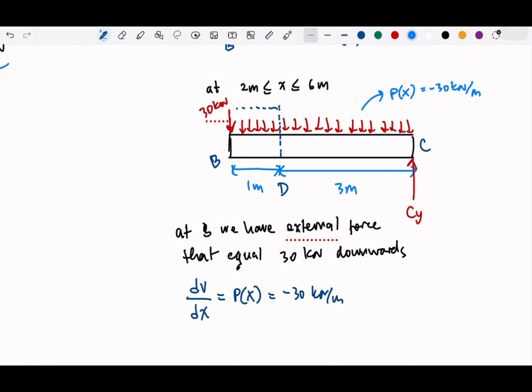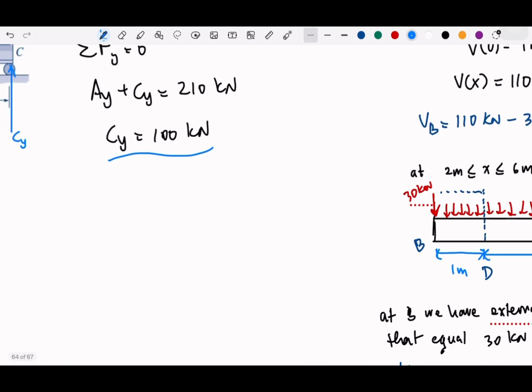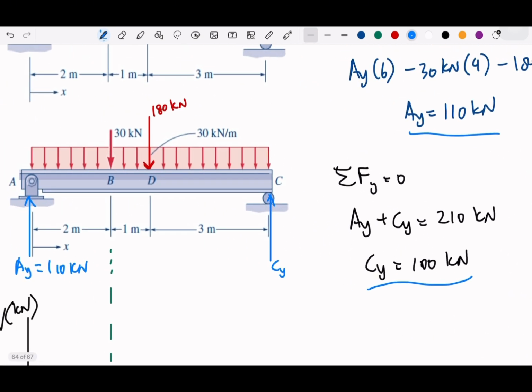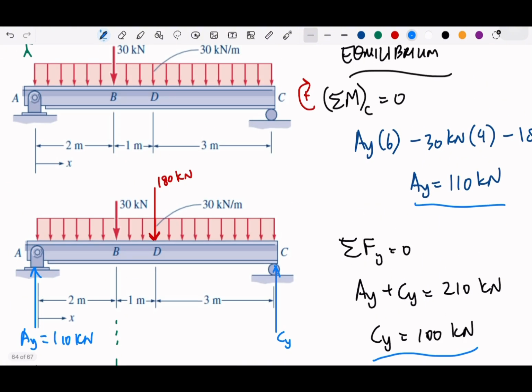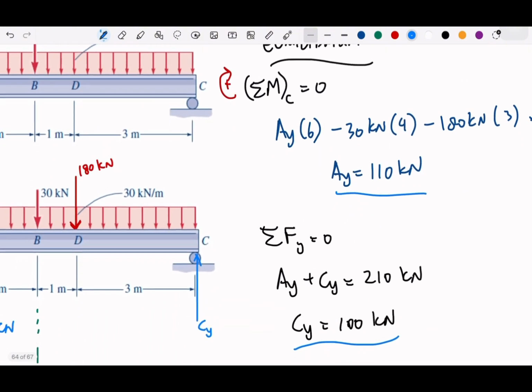And then we know that at C we have another condition, right? Another condition.